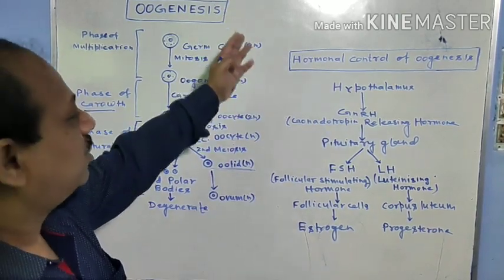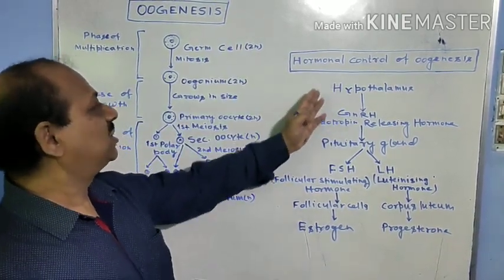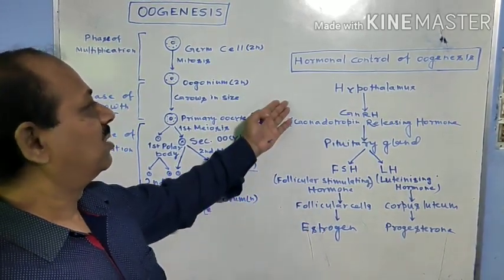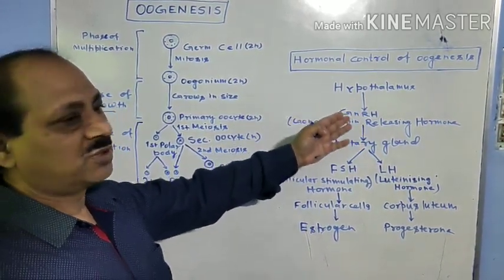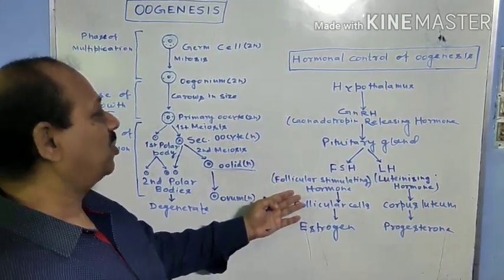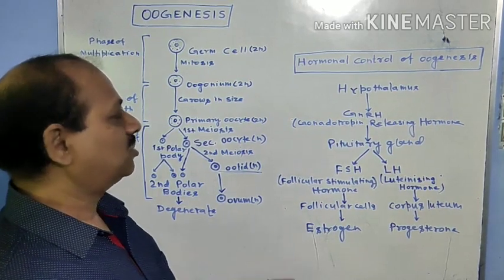In this way, you can see that the oogenesis is controlled by hormones. It is the hormonal control of oogenesis. It occurs under the influence of hormones.